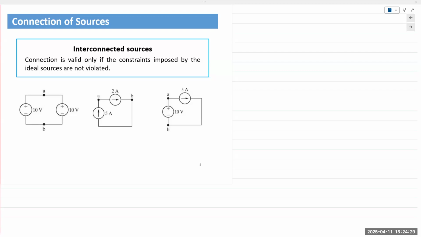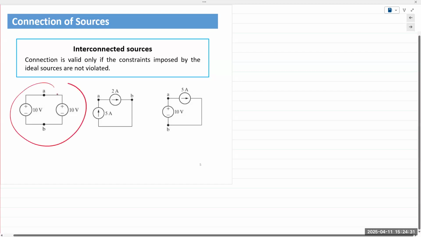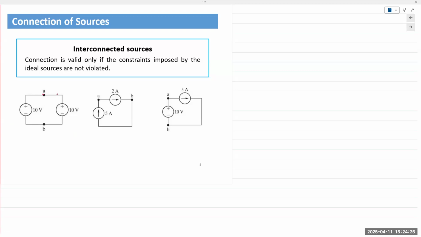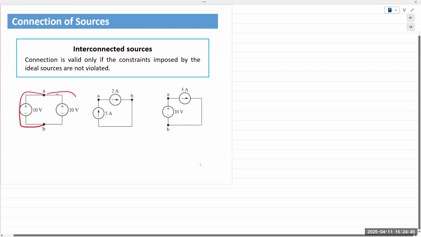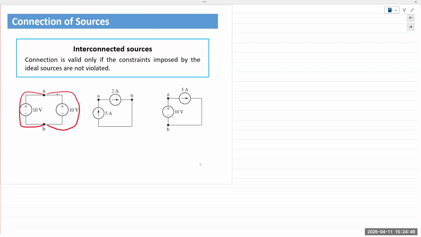Okay. So if you look at the first example, we have a voltage source of 10 volts that is connected between A and B on this side. And we have another voltage source connected between the same terminals, A and B, on the other side. So is that permitted? Yes, it is.